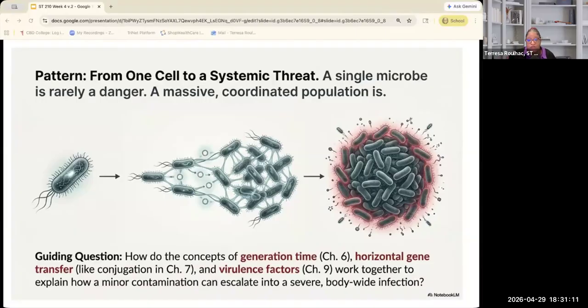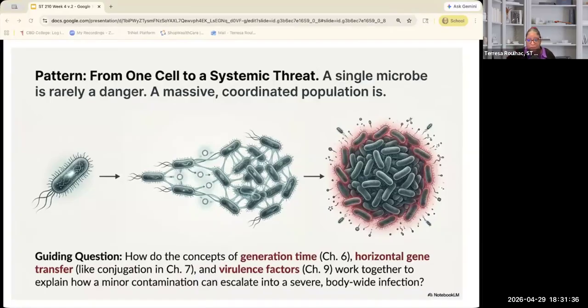Finally, we get to the virulence factor itself. These determine how much damage occurs, how easily the microbe spreads, and how hard it is for the host to control the infection. This is where localized issues become systemic.